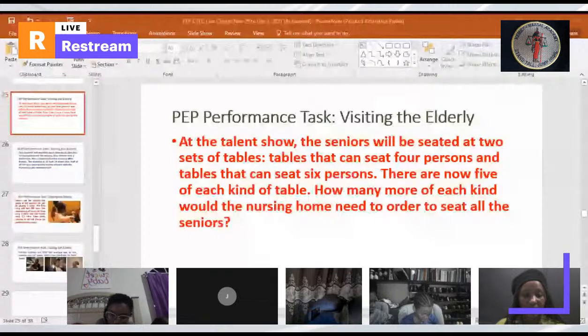Explain how you got that. It's because they already have 70 people because they have 5 of each type of table, tables that can seat 6 persons and tables that can seat 4 persons. And oh, we're sorry, I did the wrong thing.